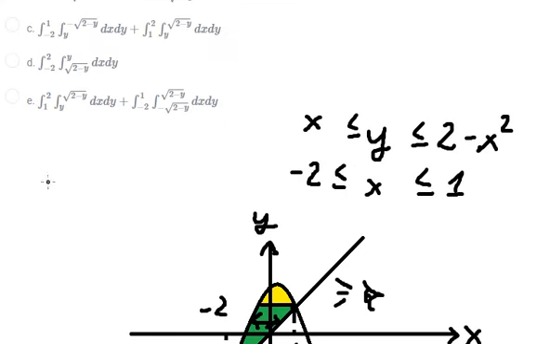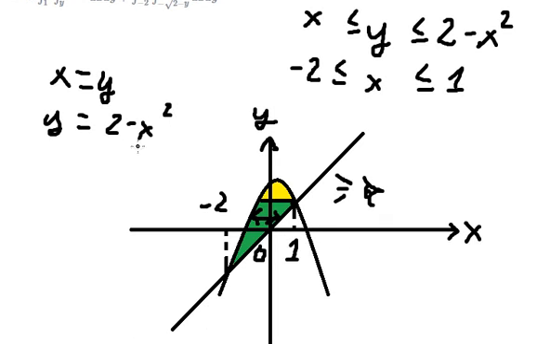We have x equals y, and the next one we have y equals 2 minus x squared. Now we need to find x, so I will put negative x squared to the left, and y to the right.